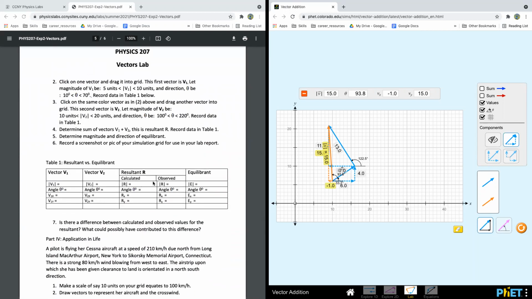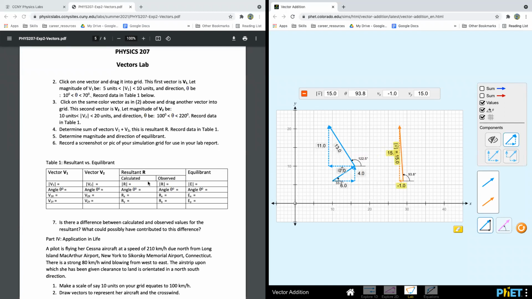Then you can calculate the angle by Vy over Vx, which is 15 over -1. So you look up arc tangent of -15, and find the angle, and you write it down here. This is how you do the calculation. It needs a little bit of math.